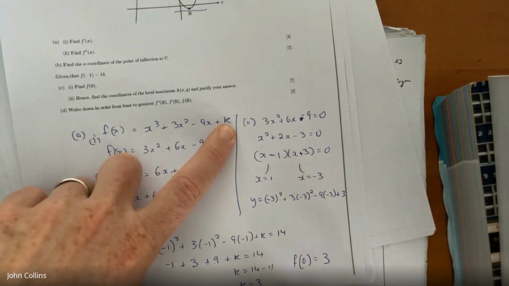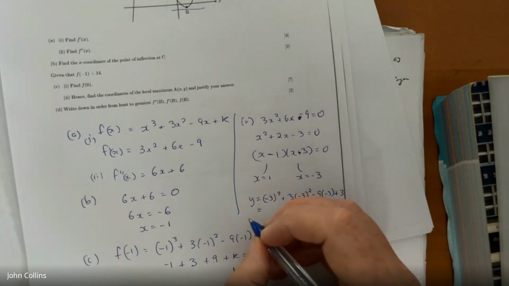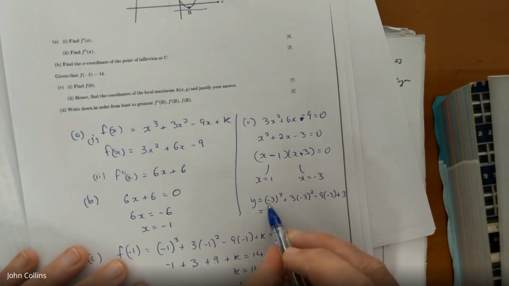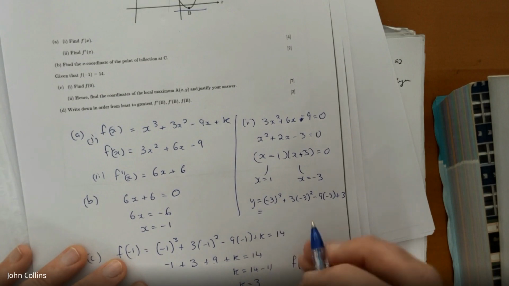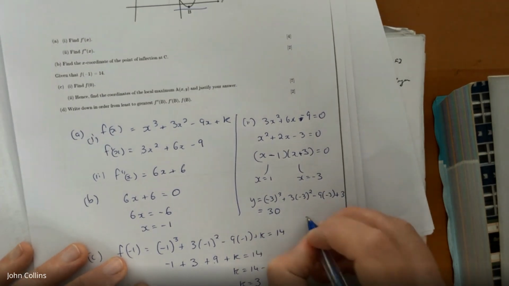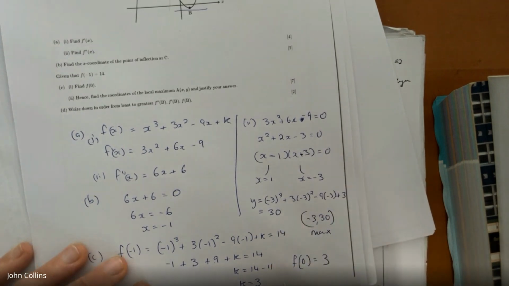We already found that k was 3 earlier on. If I do all this out, I think you get 30, because that's minus 27. I think it's 30 if you work it out, and your point then is minus 3, 30, the max point.